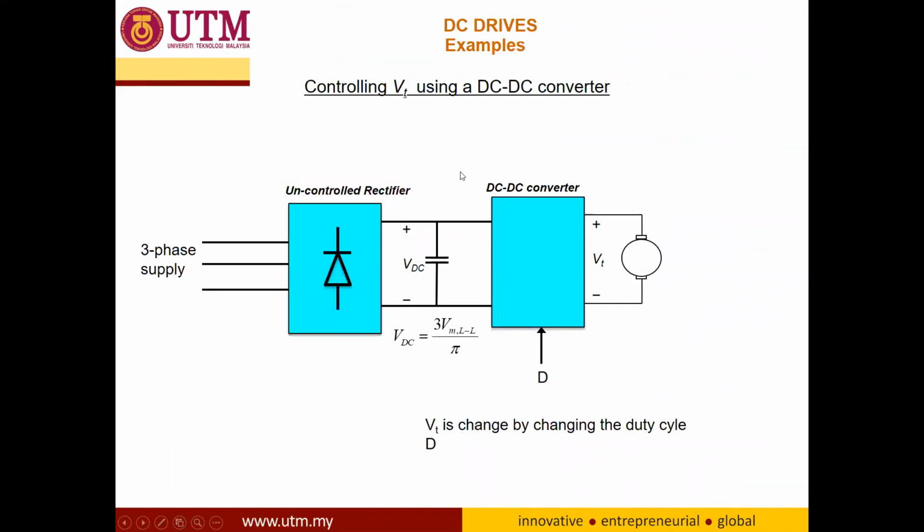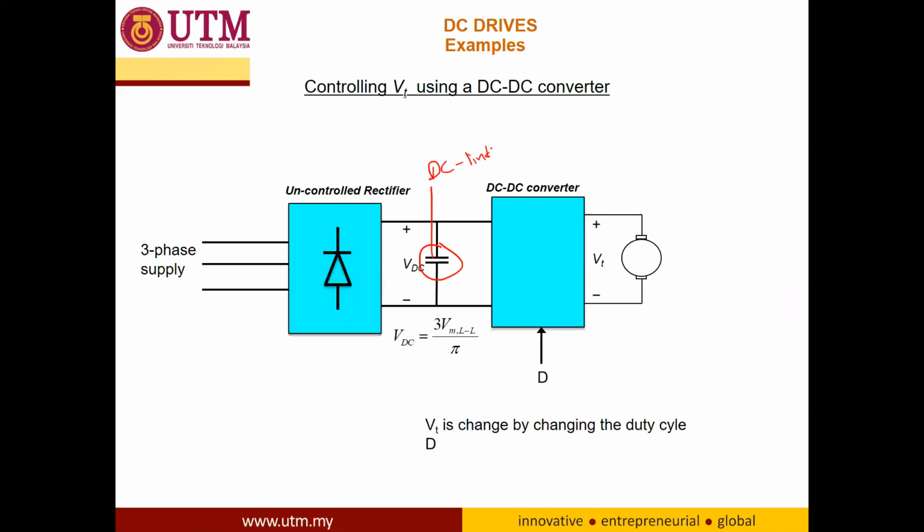And this is the DC drive example. If you have an AC source, what we need to do is use an uncontrolled rectifier here, and then we have a capacitor. This capacitor we usually call a DC link.